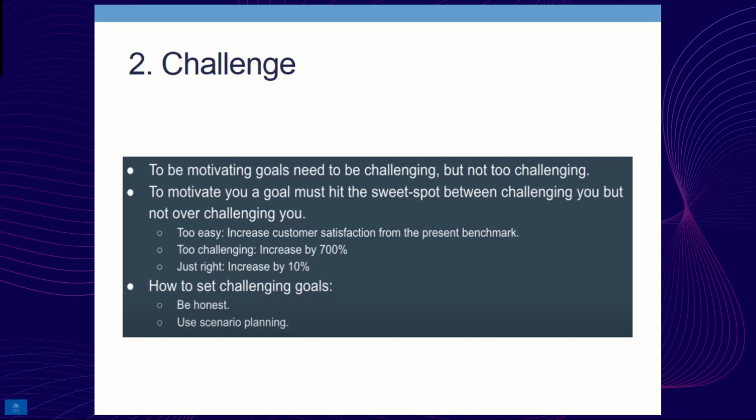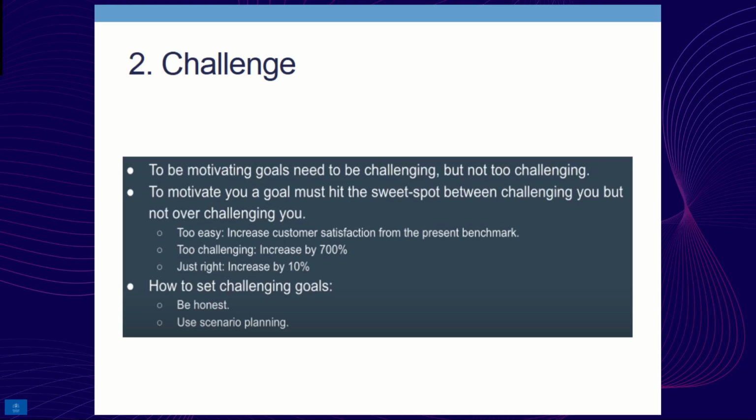Too easy: increase customer conversion rate from the present benchmark. Too challenging: increase the customer conversion rate by 700%. And just right: increase the customer conversion rate by 10%. How to set challenging goals?